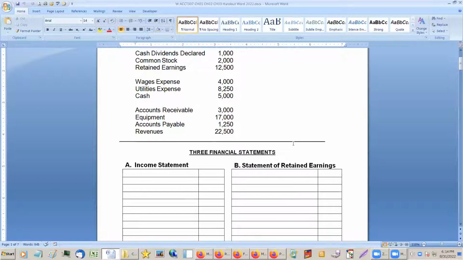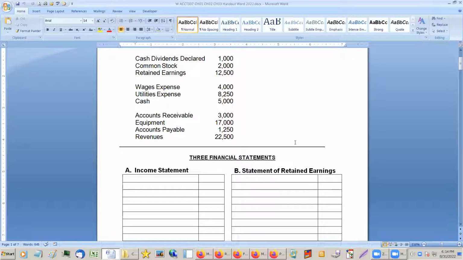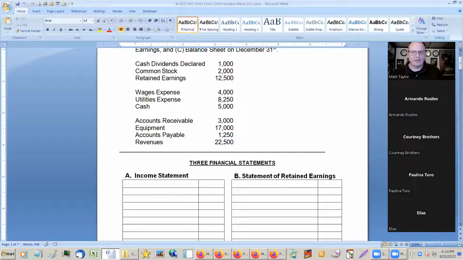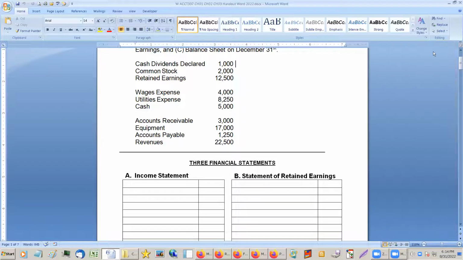Okay, what do we start out with on our income statement? Anyone? Oh, come on. On the income statement, we start out with money coming in. Which one of those looks like money coming in? Yeah, you guys are sleeping, aren't you?